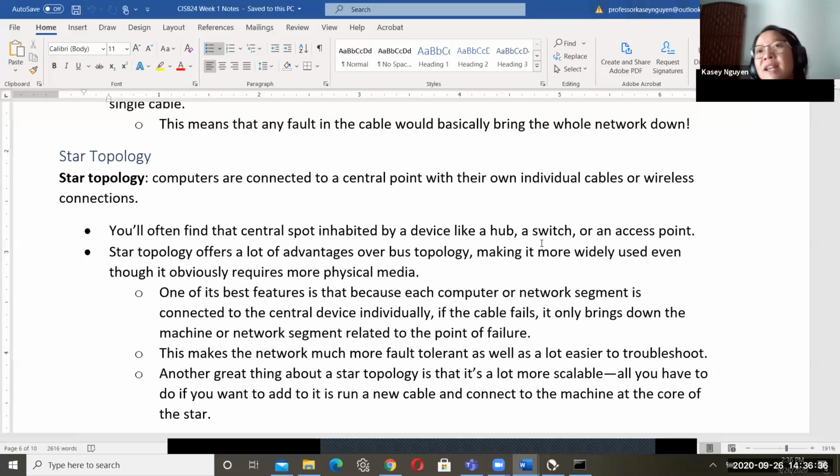So at home right now, you're using a star pretty much because everything connects back to that wireless router, okay? All your devices connect back to your access point or your Wi-Fi, your wireless modem, okay?